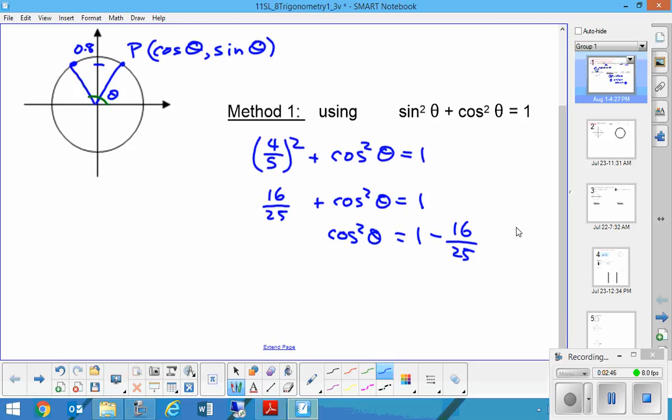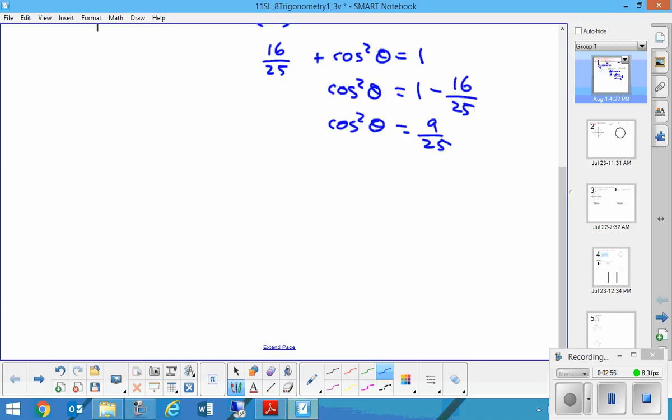Which means cos squared theta equals 9 over 25. We take the square root of both sides. So cos theta is plus or minus 3 over 5, because we're taking the square root. Alright, so we get two answers. Is that what we expected?